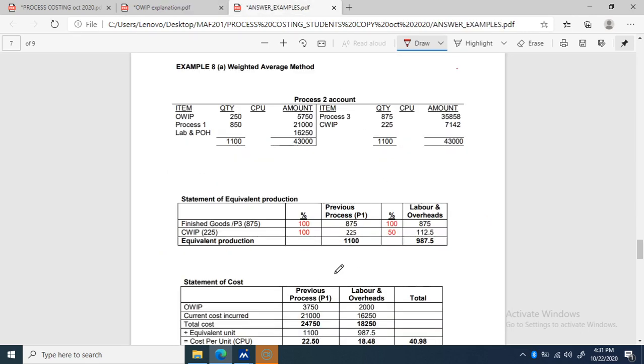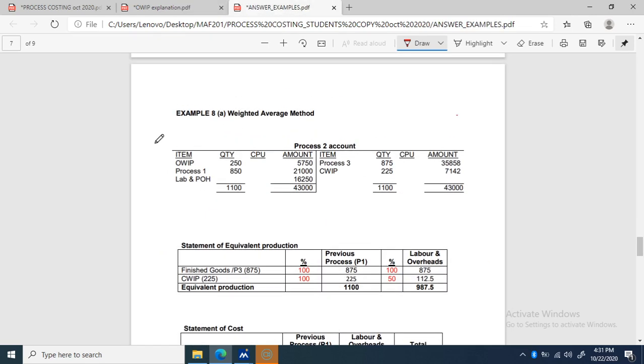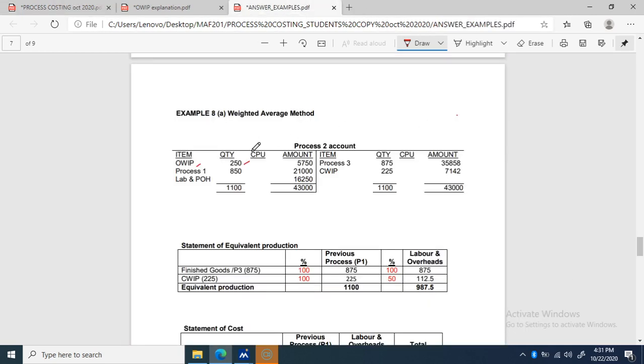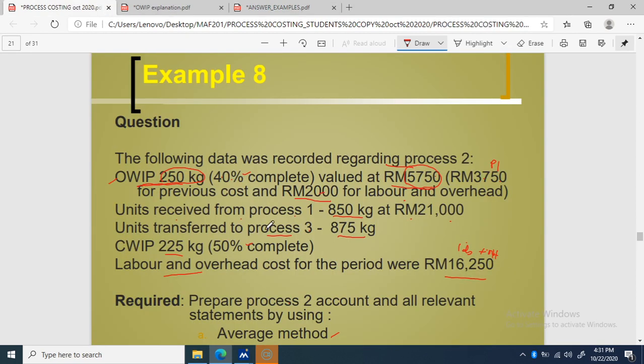So refer to the example. From the question, OWIP 250 kg, value at 5750. Then the other information: unit received from P1 850 kg at 21,000.